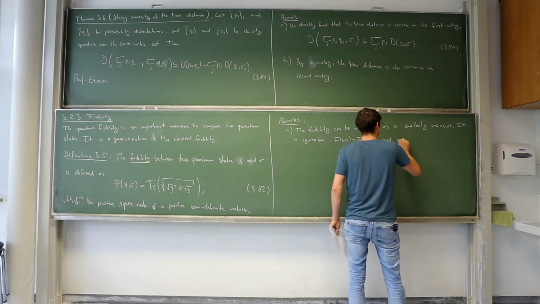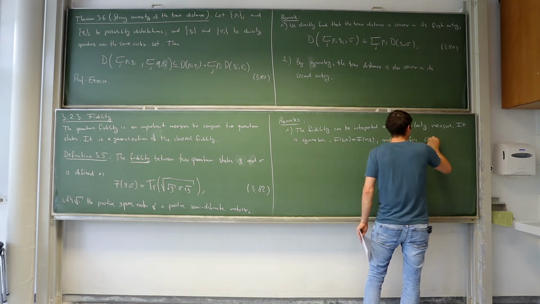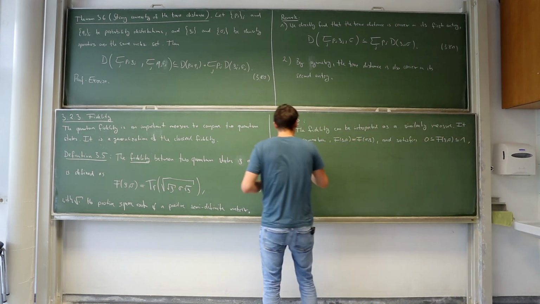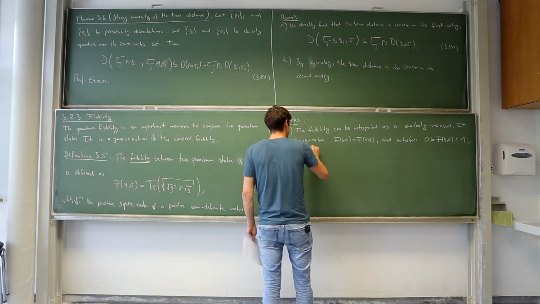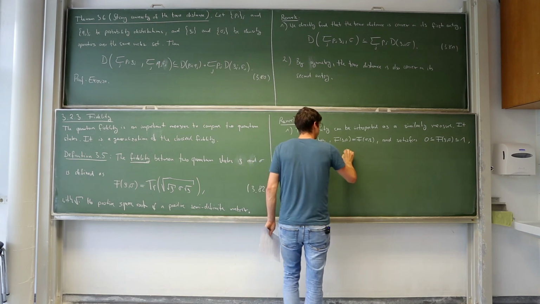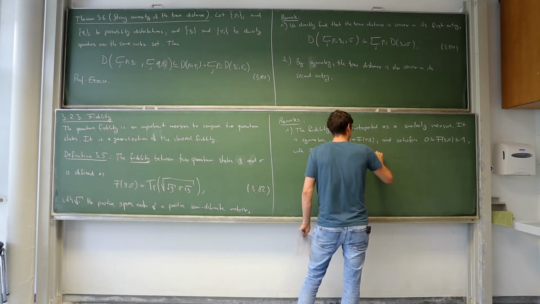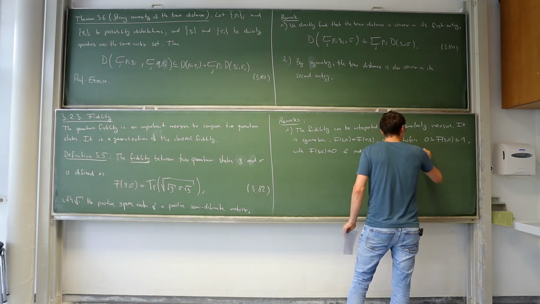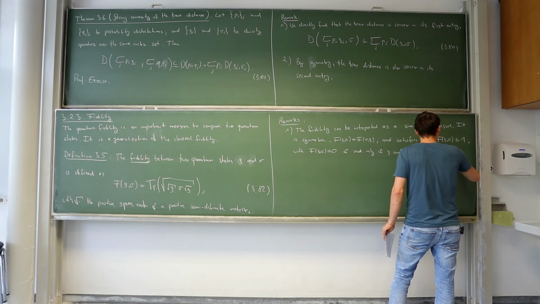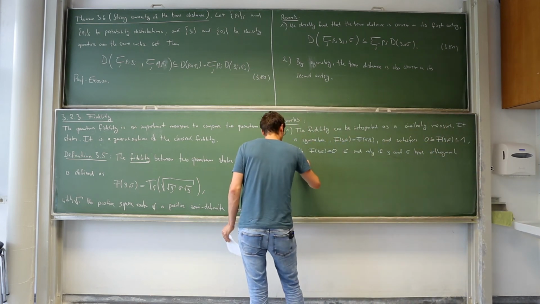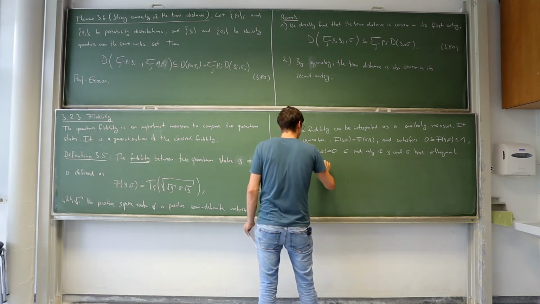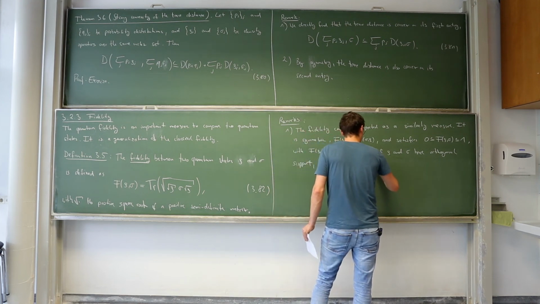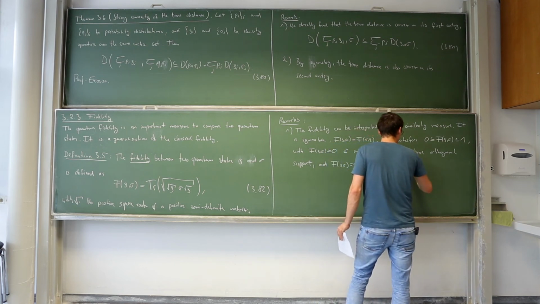It satisfies that 0 is smaller or equal to the fidelity of rho sigma, which is smaller or equal to 1, with the lower bound being saturated if and only if rho and sigma have orthogonal support, and the upper bound being saturated if and only if rho is equal to sigma.